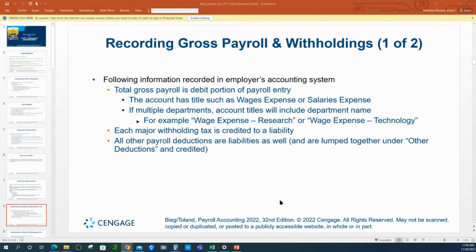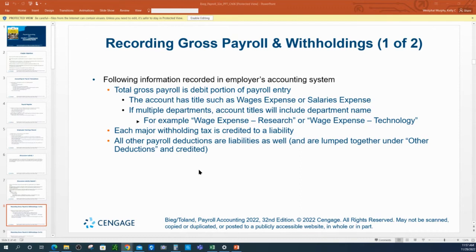So the total gross payroll is, and this is when we actually pay the employees. We've got a payroll, we're paying the employees. The gross payroll is our debit portion of the payroll because it's an expense. We are increasing that expense, so we are debiting it.